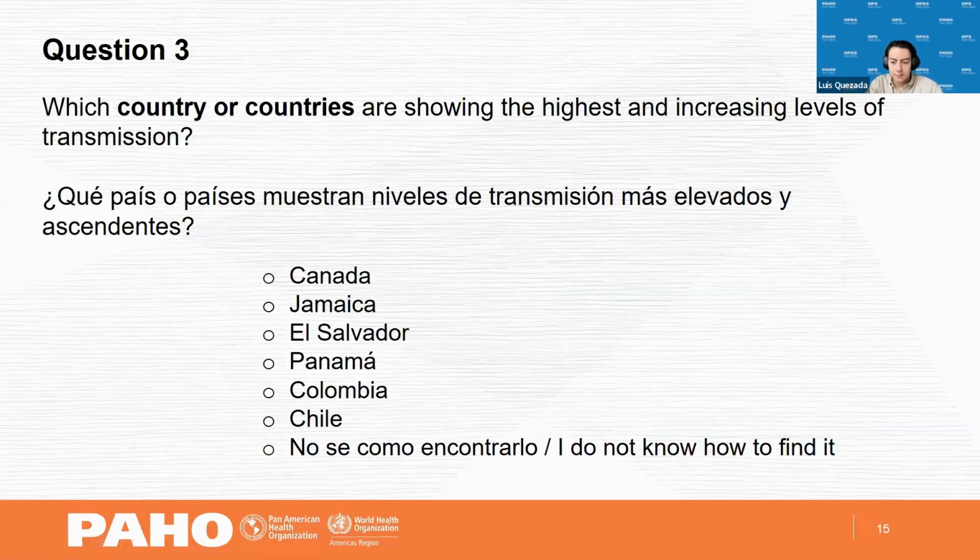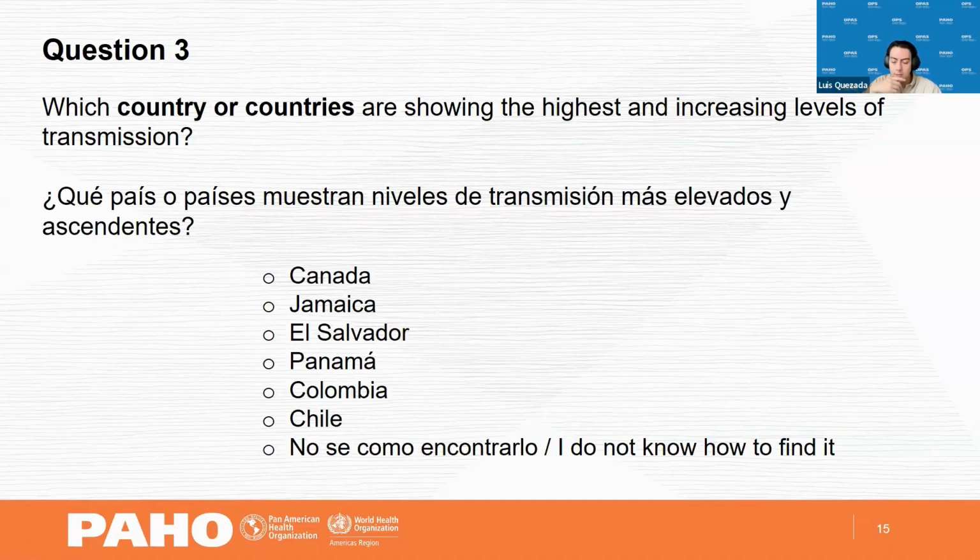Now, let's go through question number 3. For question number 3, we need to answer which country or countries are showing the highest and increasing levels of transmission. This is a two-section question.